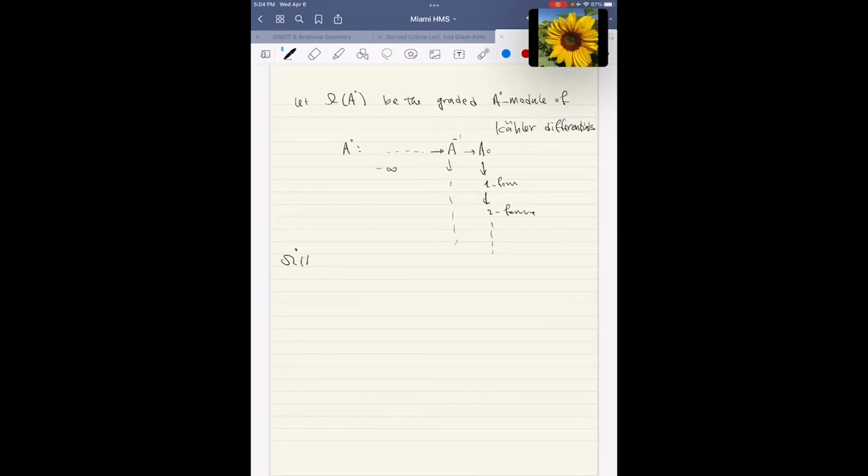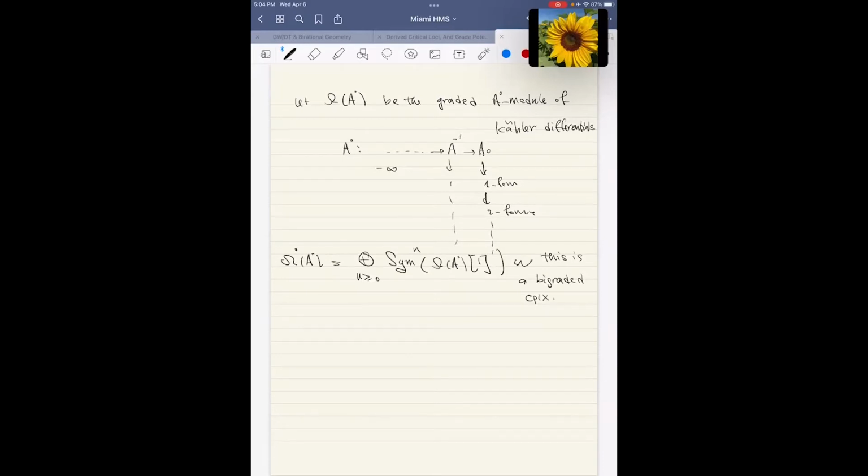So Omega dot of A dot, in fact, can be constructed as a bi-graded mixed complex. It's going to be the sum over symmetric products of Omega of A dot, shifted by 1. Okay, this is a bi-graded complex. Why is it bi-graded?